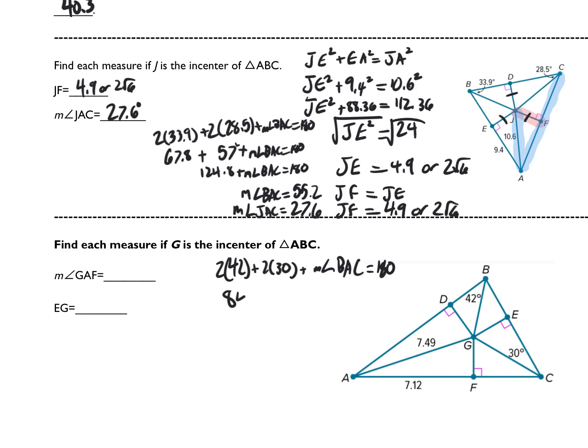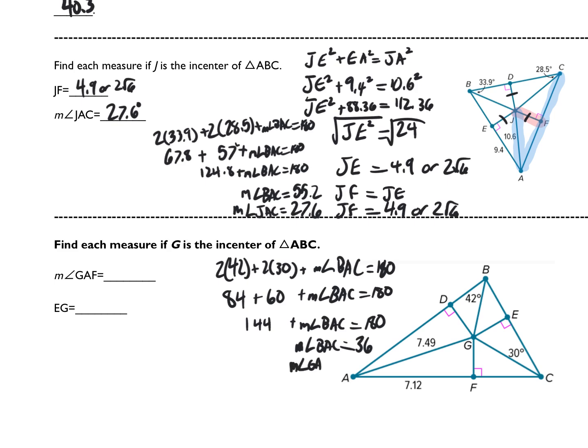So 2 times 42 is 84. 2 times 30 is 60. 84 plus 60 is 144. And so the measure of angle BAC is equal to 180 minus 144, which is 36. But we don't need the measure of BAC, we need the measure of GAF, so that's going to be half of that. So that is going to be 18 degrees.